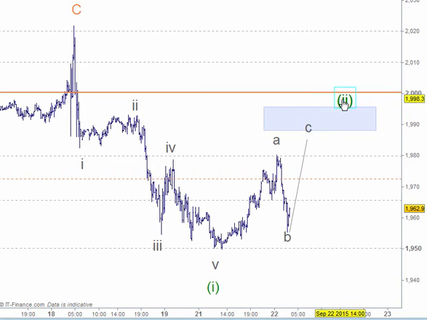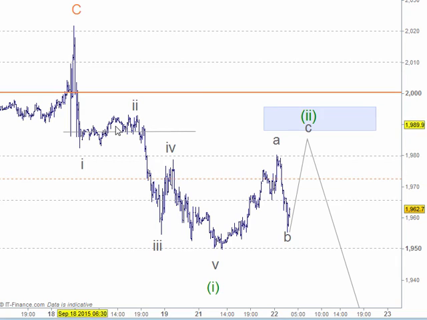So this is the trap and the tricky bit here. It's possible that it can fail from this supply block here at 1990 that we were talking about yesterday.